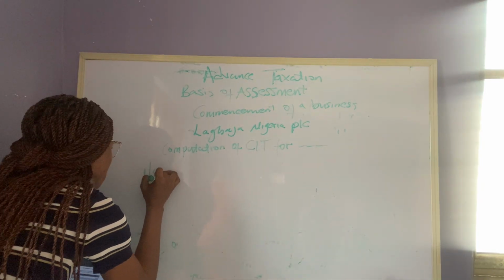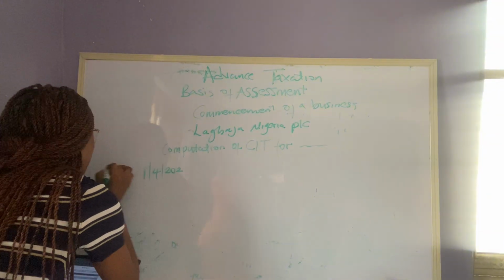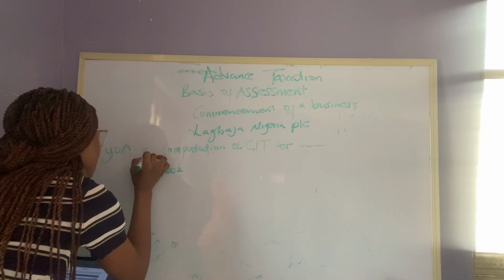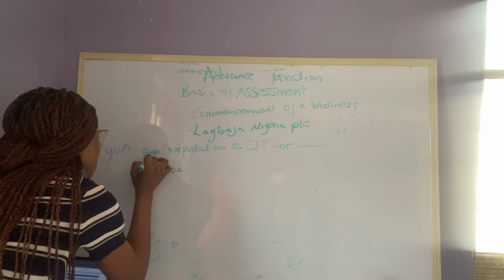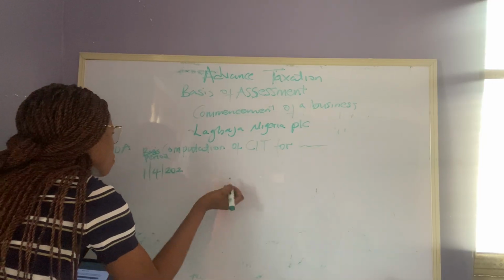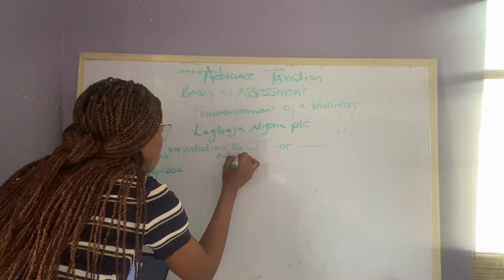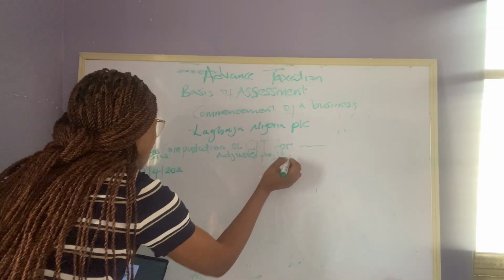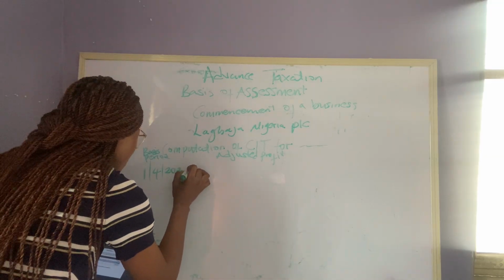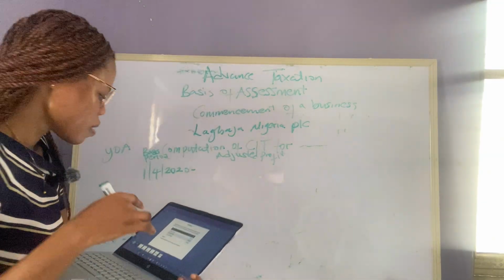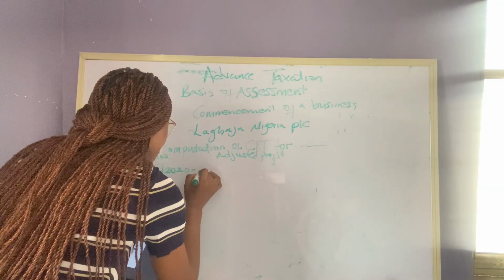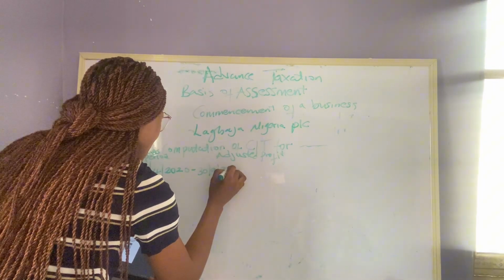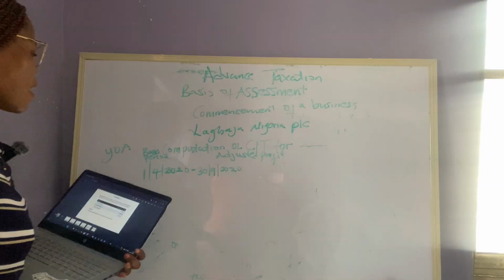This is going to be YOA, this is going to be basis period, and this is going to be adjusted profits. So now from 1st of April 2020 till the reporting date, which is 30th of September 2020.